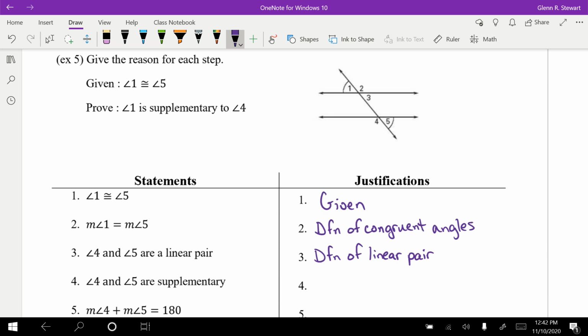That would be our linear pair postulate. The linear pair postulate is only used after you've stated, 1, that 2 angles are a linear pair, and 2, that those same angles are supplementary. So if you can state those 2 things, one of your justifications is going to be that linear pair postulate.